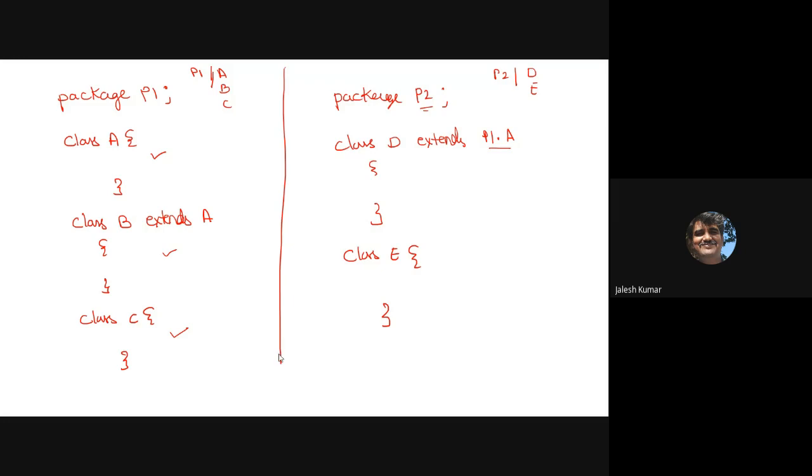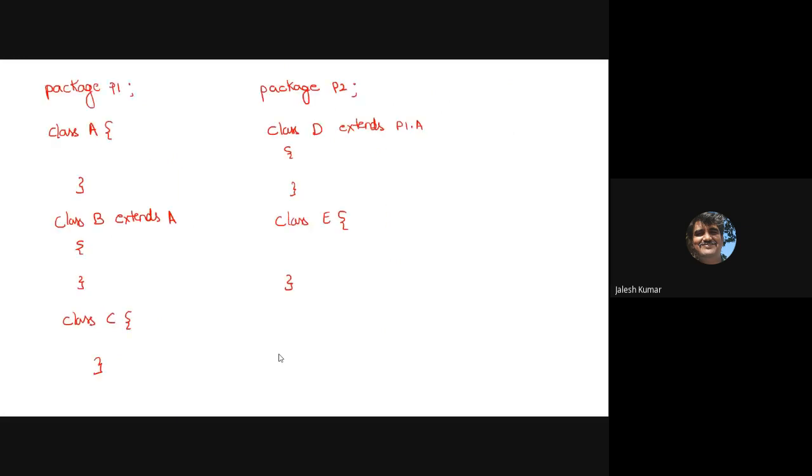Now we will compare this with respect to access specifiers. How to do that? I'll just rewrite the same thing we wrote in the previous slide. A, B, C inside package P1, D and E inside package P2.